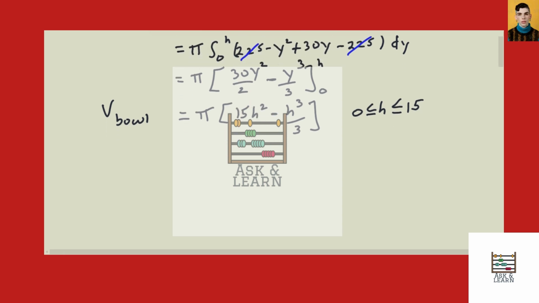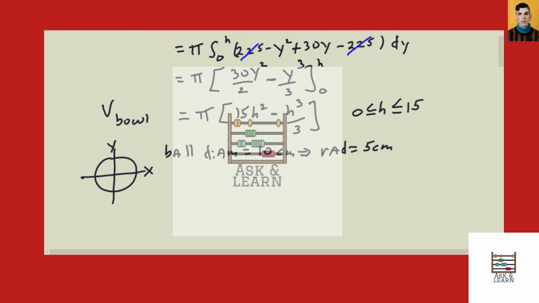Alright, so similarly we do the same thing for the ball. For the ball, the diameter is 10 centimeters, and so the radius is 5 centimeters. Again, doing the same thing like we did earlier, we have the ball here, our x and y this way.